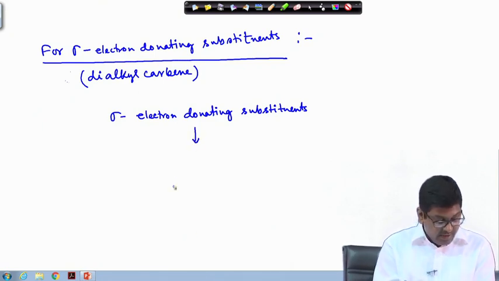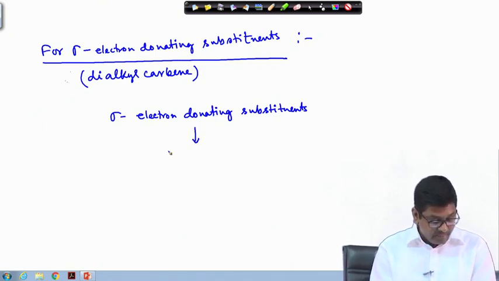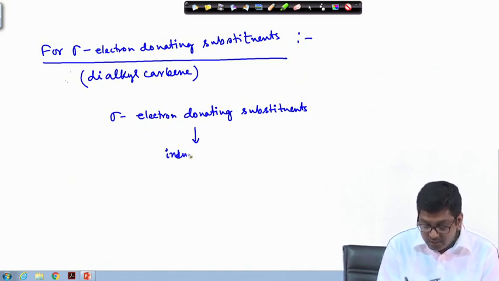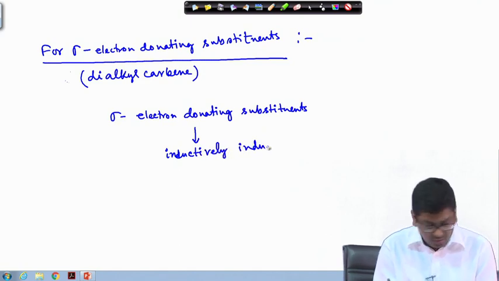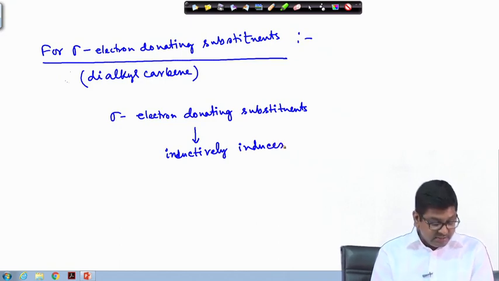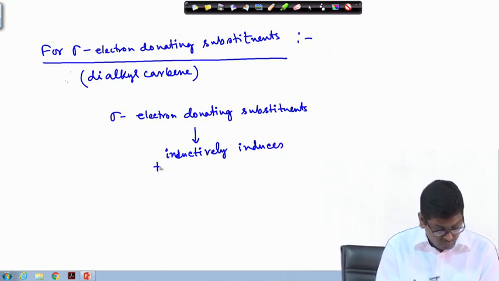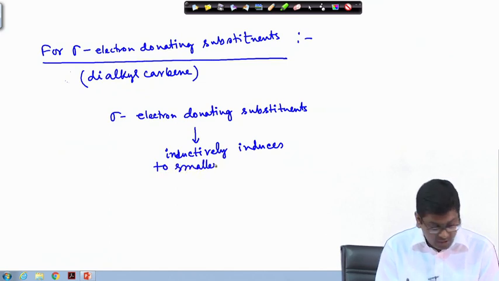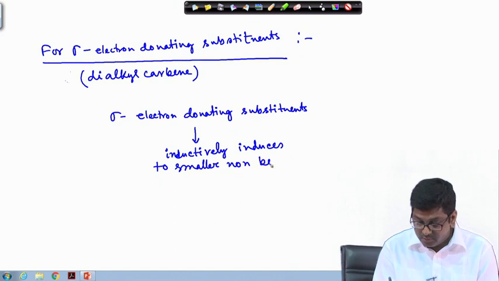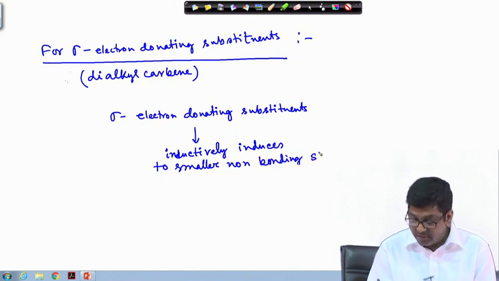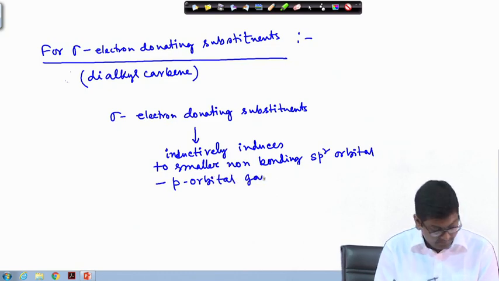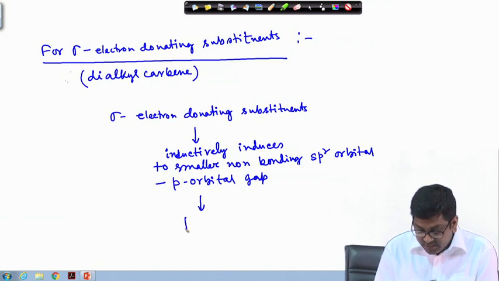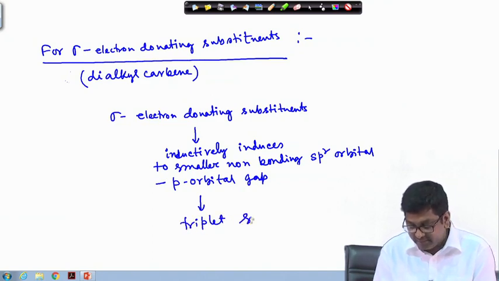It will inductively induce a smaller non-bonding sp2 orbital and p orbital gap, which favors the triplet state.